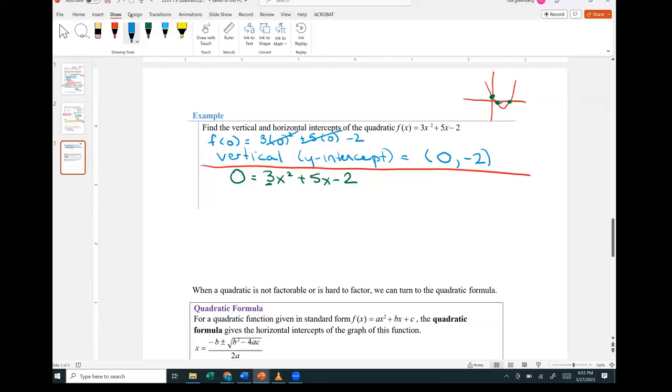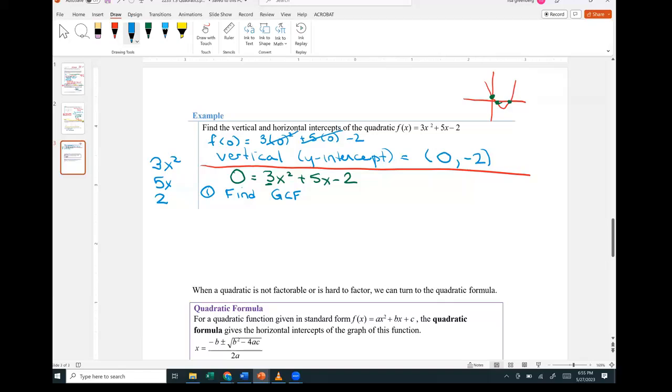So first, step 1 is always to find the greatest common factor. What I'm asking is, do we have anything in common between these 3 terms?